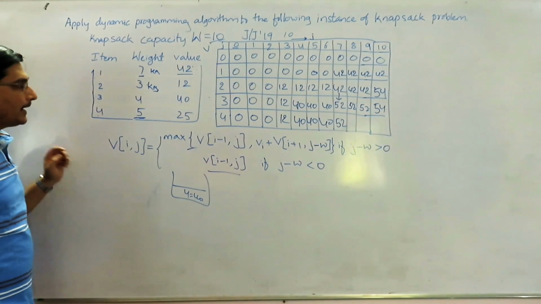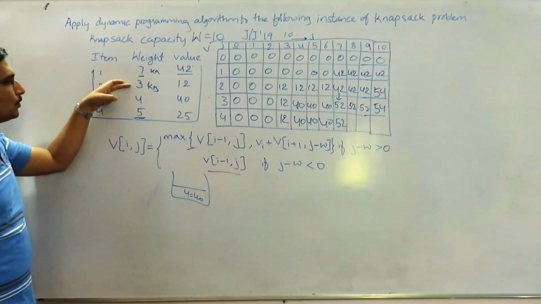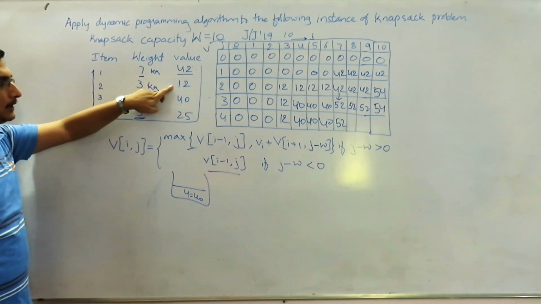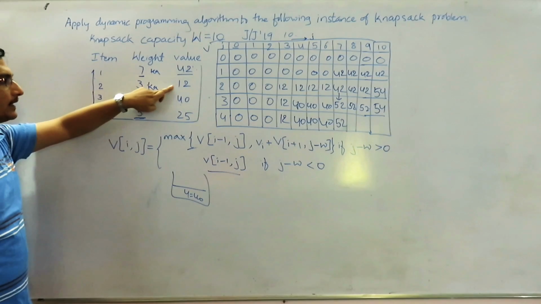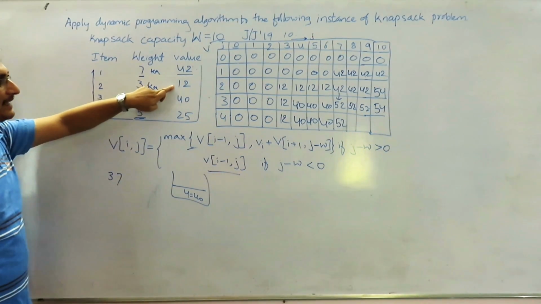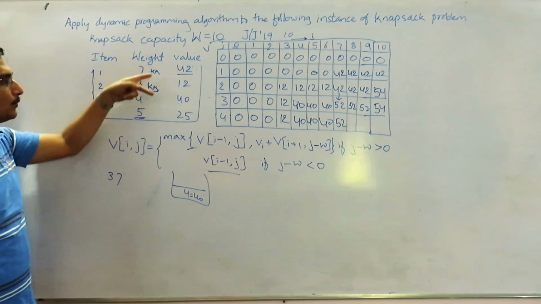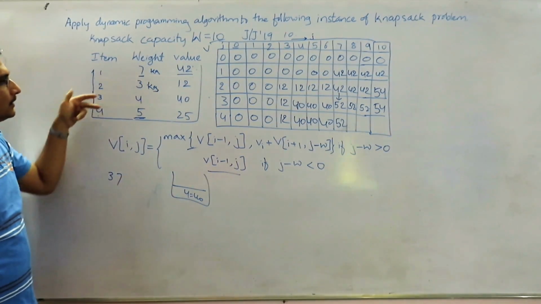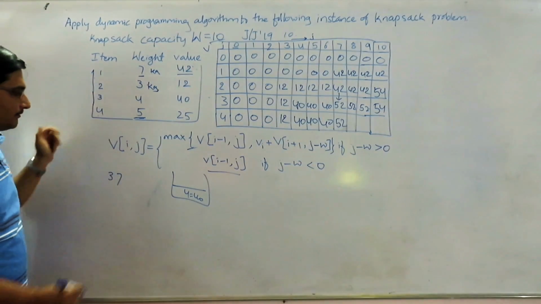When it becomes 8, can we go for these two? 5 plus 3, 8, so 25 plus 12. 25 plus 12 will give us 37. 37 is less than the previous value with these two combinations, which is 52.